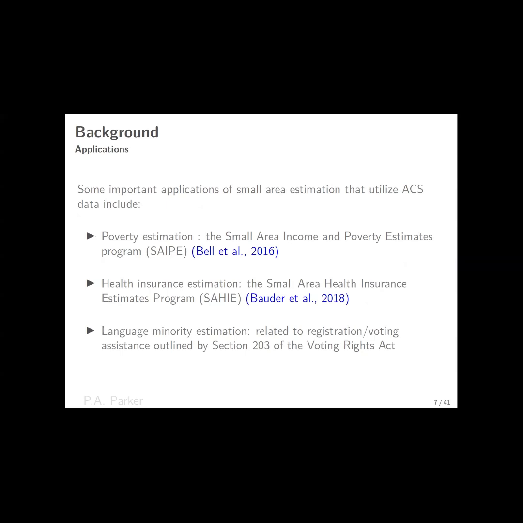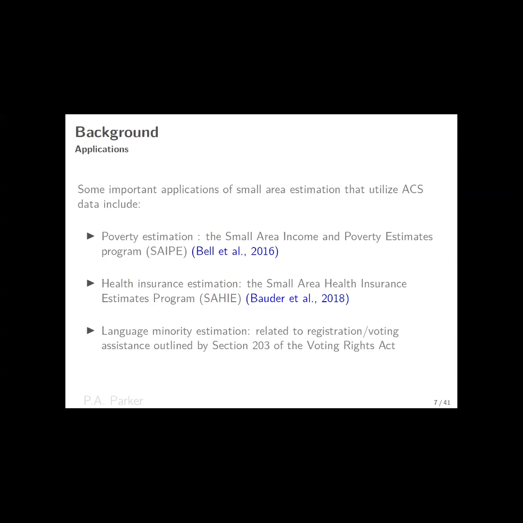I want to highlight a little bit further the importance of small area estimation and official statistics in general. Just with this one survey, the American Community Survey, here's a couple really important applications. One is poverty estimation. There's a program called the Small Area Income and Poverty Estimates Program, or SAIPE. Their goal is to estimate income and poverty, by county and some other geographic regions across the entire US.